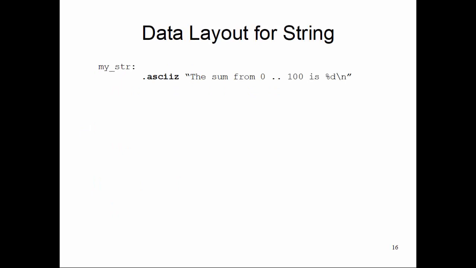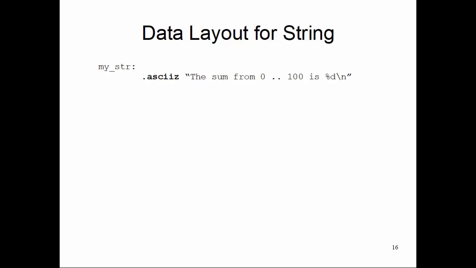Now let's first look at the data layout facilities, for example for a string. In a high level program, you define string constants everywhere, especially with printf, where you define a format string and type something like, okay, my value is this, and so on. So a string is a widely used constant in a program.